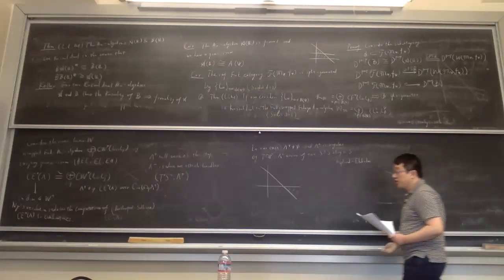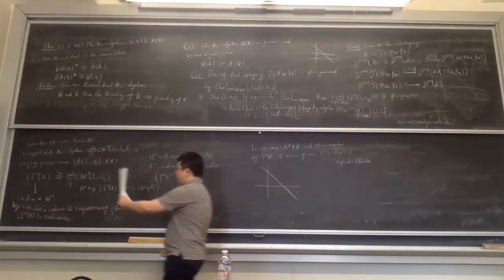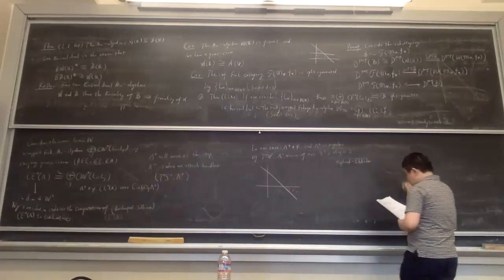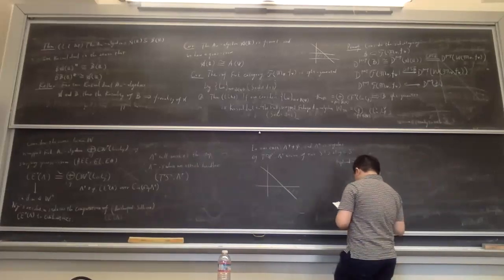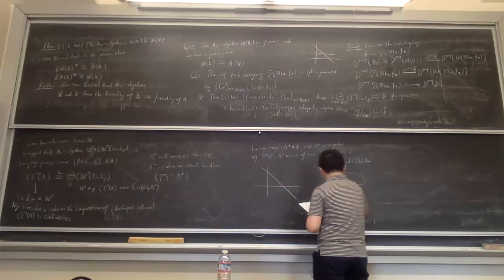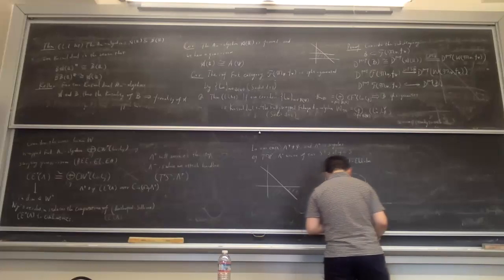This enables us to generalize the setup of Ekholm-Lekili to the case of singular Legendrians. Okay, so what we do is that in general we have this Weinstein domain M bar.